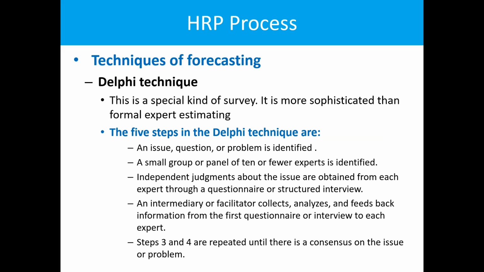A small group or panel of 10 or fewer experts is identified. So the main problem is how we can recruit people and how many people need to be recruited in order to meet our strategic plan for the coming 5 years. So that's the issue. Then a small group or panel of 10 or fewer experts is identified, right? So who may they be?